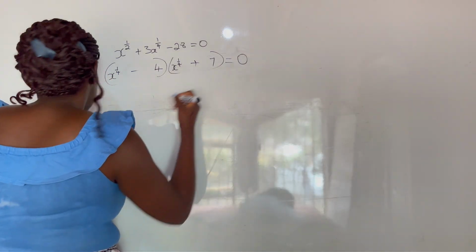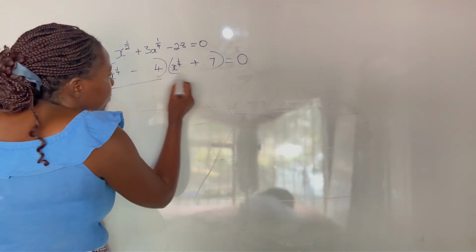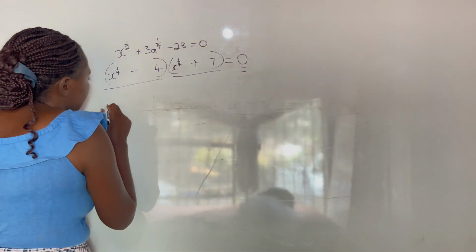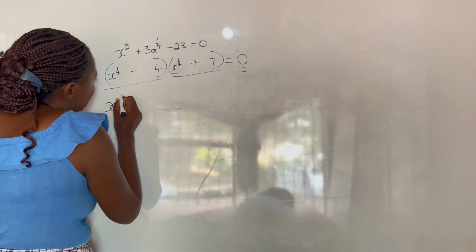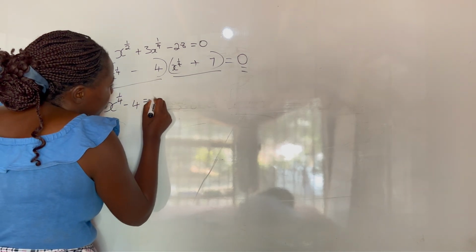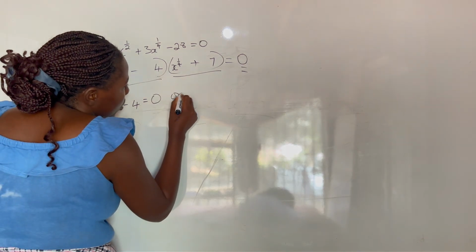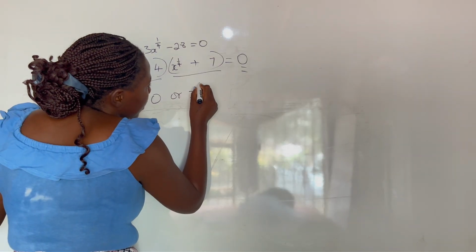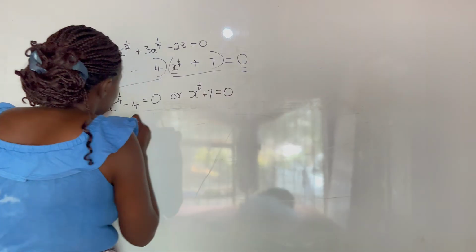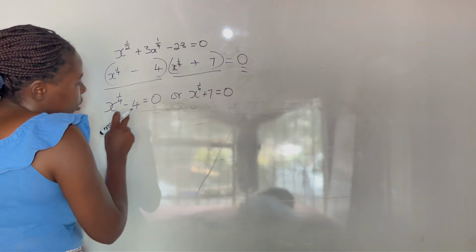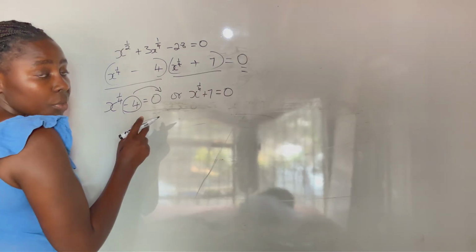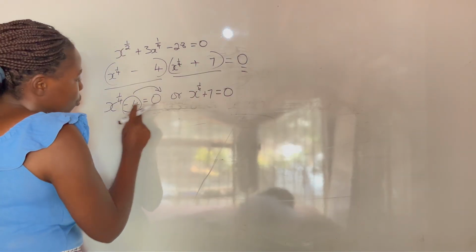Then we equate them to 0, that is, we equate this first bracket to 0 and this second bracket to 0. And here we will have x^(1/4) minus 4 is equal to 0, or x^(1/4) plus 7 is equal to 0. Then we're going to take this -4 to the right hand side, and remember we have to change the sign from negative to positive.